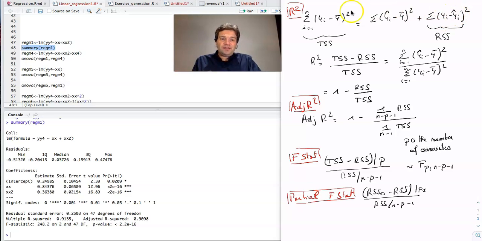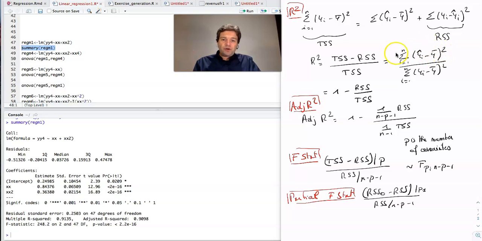And from this, we get the R square, which is defined by this formula or this formula, that means 1 minus the residual sum of squares divided by the total sum of squares. That means the portion of the total dispersion which can be attributed to the predictions, that means due to the model that we defined.